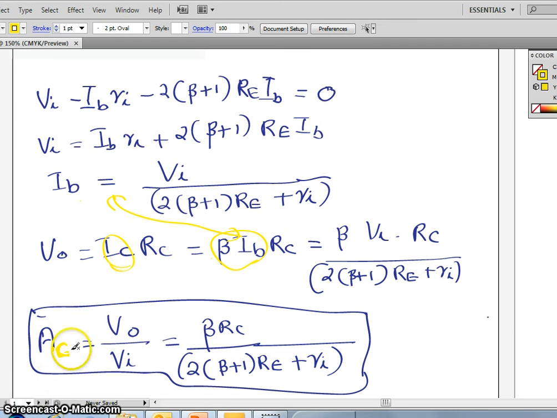So the common mode gain AC is equal to beta RC divided by 2 into beta plus 1 RE plus RI. This is the equation for common mode gain.